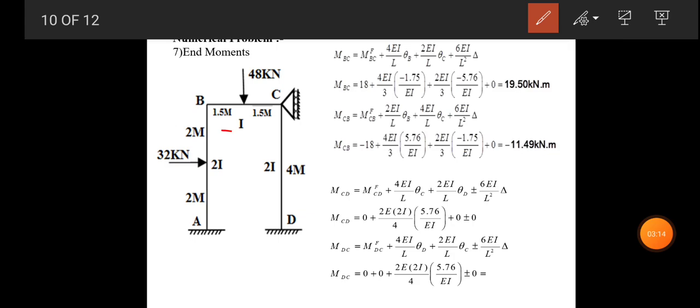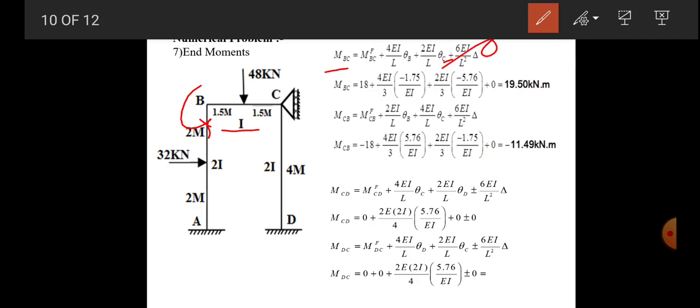Now consider the beam BC, and the end moment for B is MBC is equal to MFBC plus 4EI by L theta B plus 2EI by L theta C plus minus 6EI by L square into delta. Now the delta will be 0 because non-sway frame, so this term will be 0.